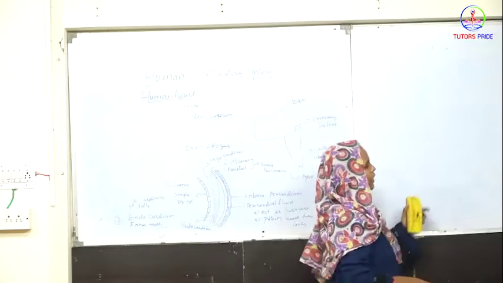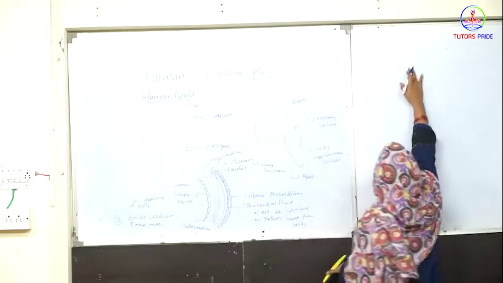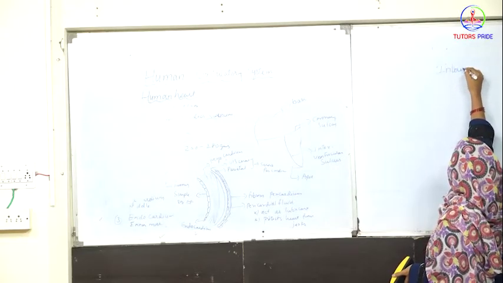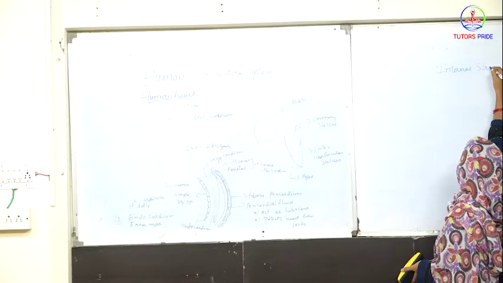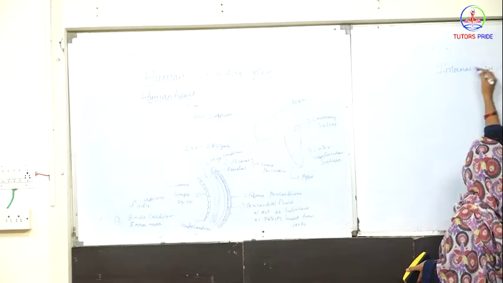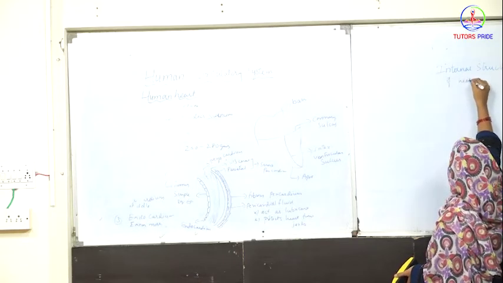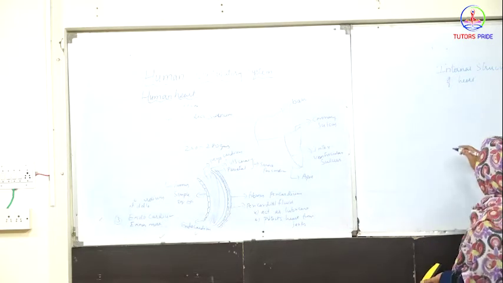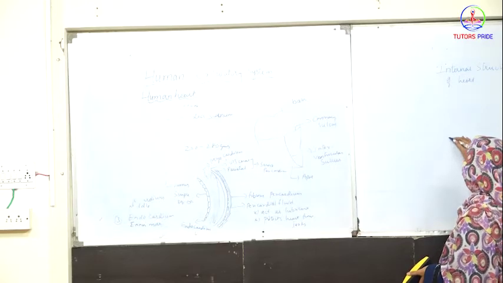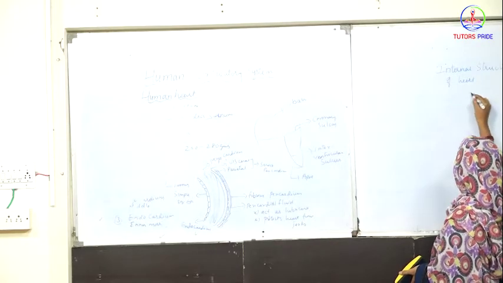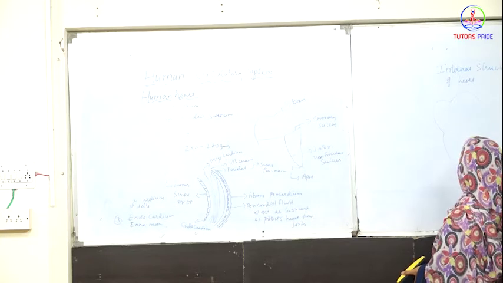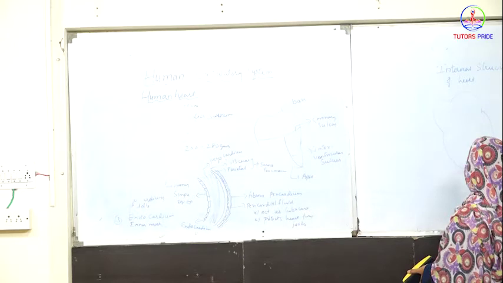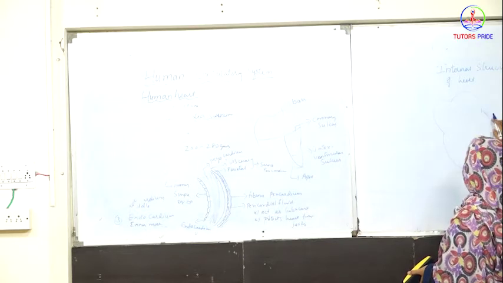So here I'll be starting with the internal structure of the heart. If we see the internal structure, again it is triangular in shape, and it is slightly bent towards the left side.